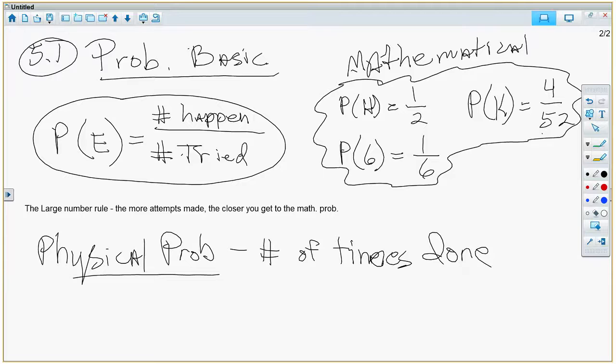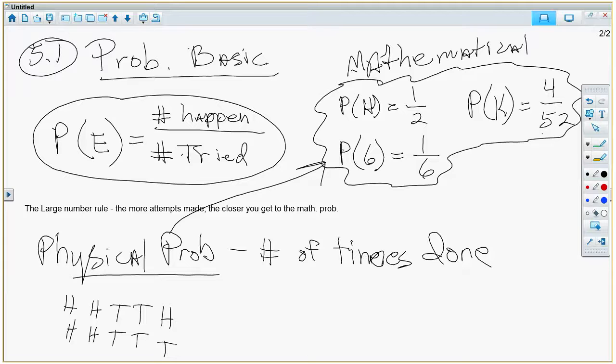And of course, this goes to that through the law of large numbers. So if I do a quarter 10 times: heads, heads, heads, heads, tails, tails, tails, tails, heads, tails.